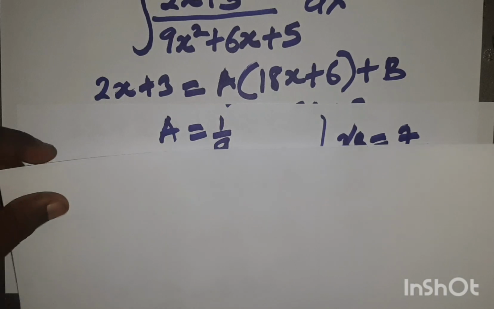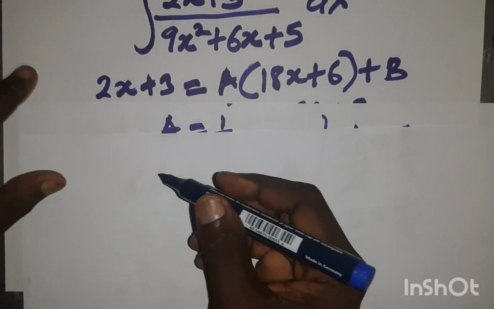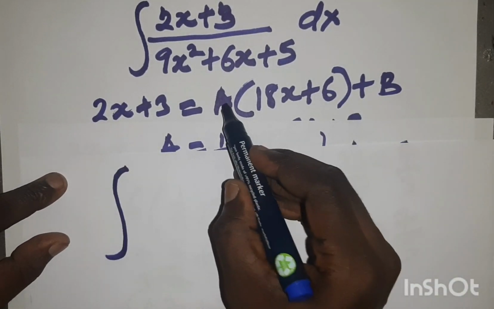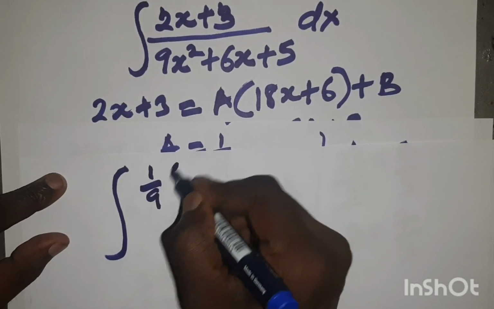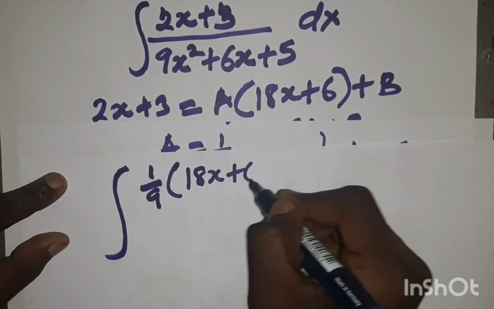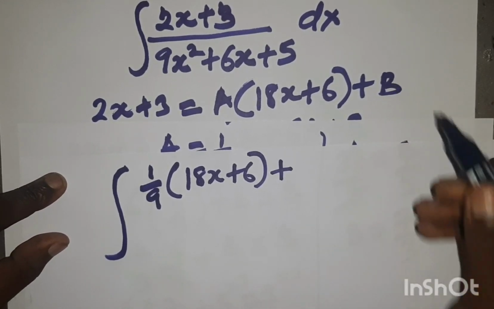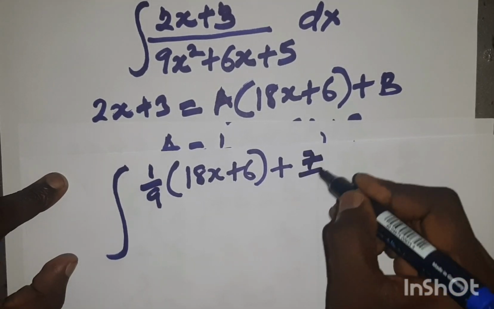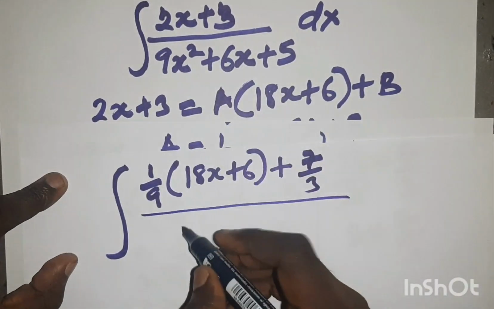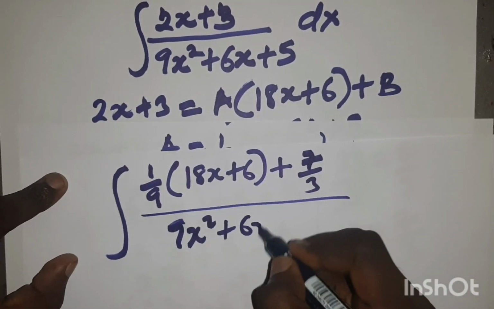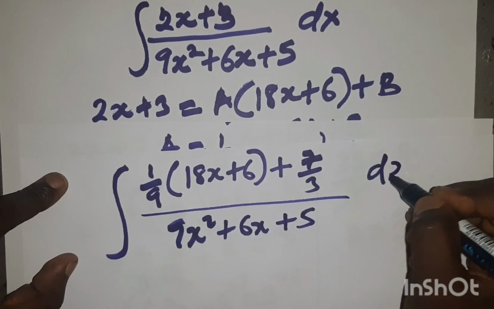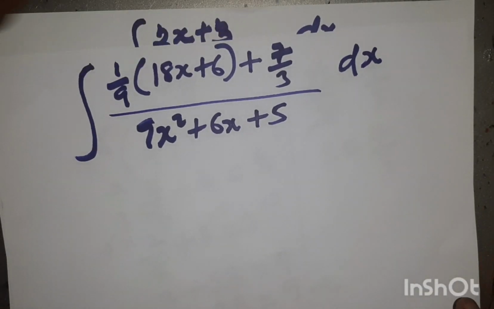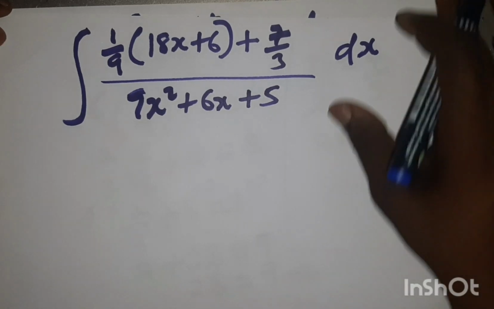It's now the integral of 1 over 9 times the bracket 18x plus 6, plus 7 over 3, everything still over 9x squared plus 6x plus 5, still with respect to x. Finally it's looking more standard than before. We can work with this now.